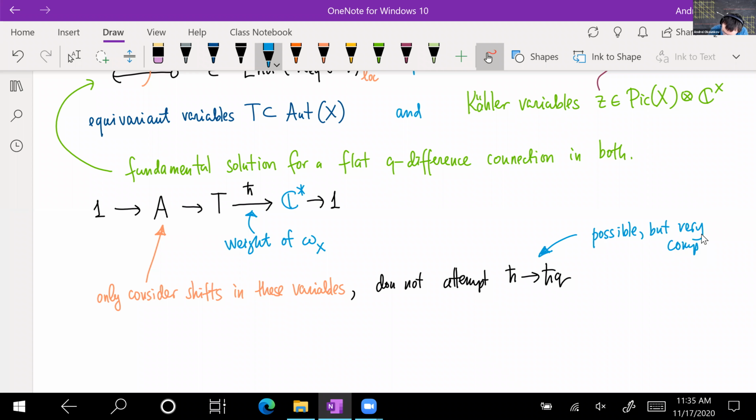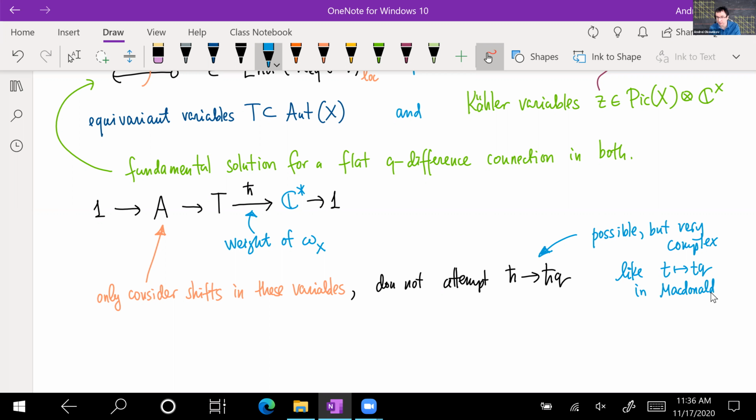This is the simplest possible example of this theory, the Chern-Simons-MacDonald theory, like the operator which takes T to T times q in MacDonald.